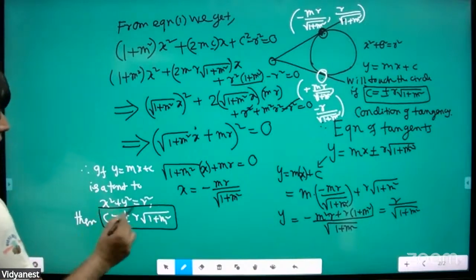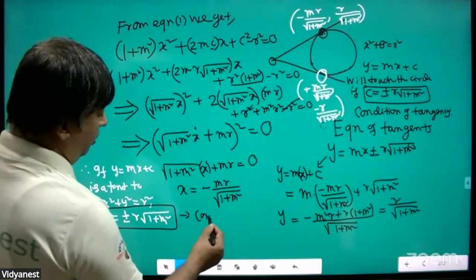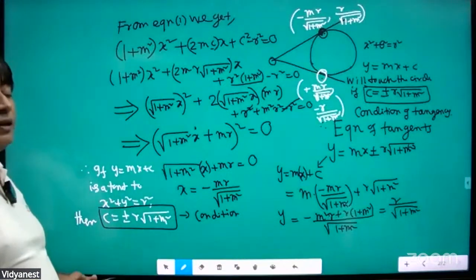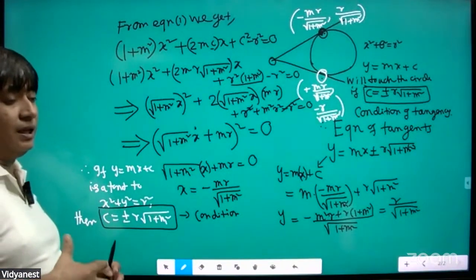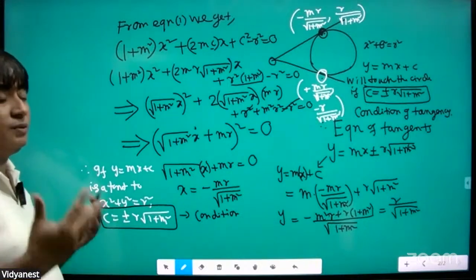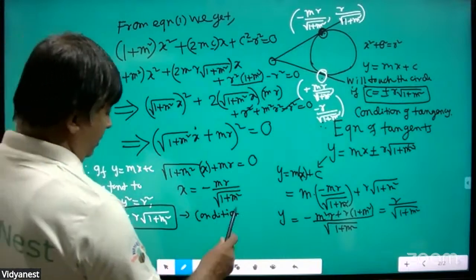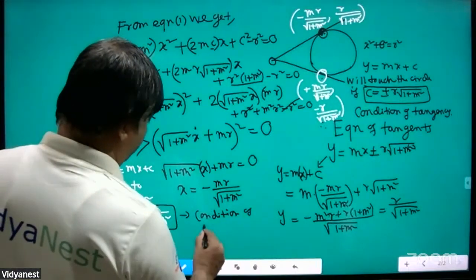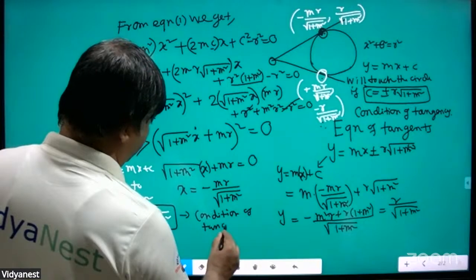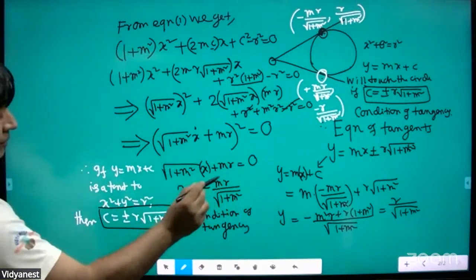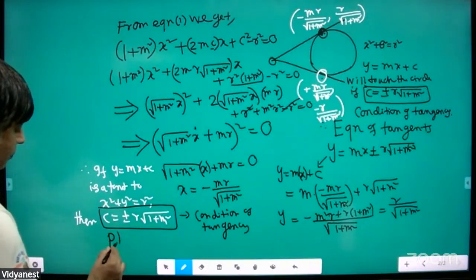That is the condition of tangency, which you will have to remember. This derivation is for self enrichment. The condition of tangency and point of contact.